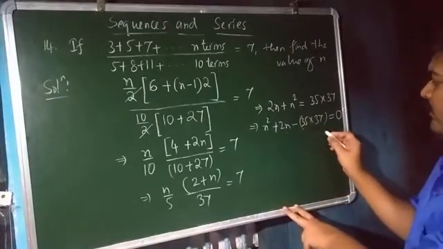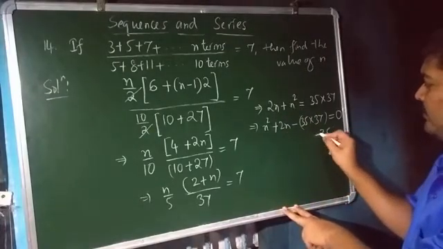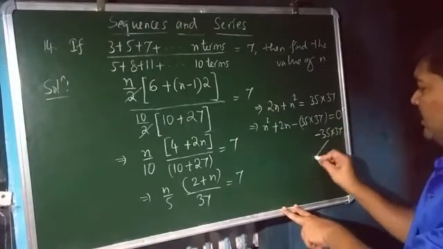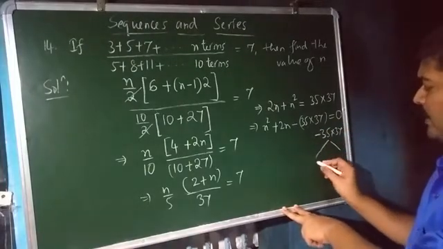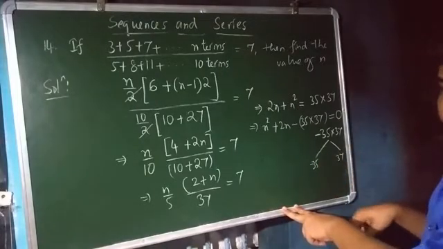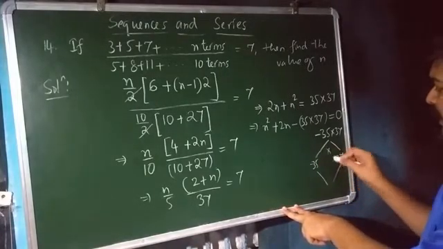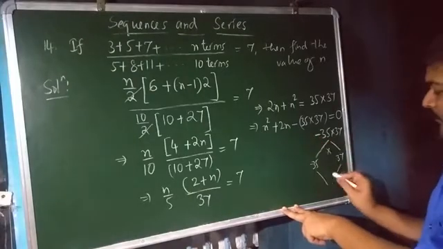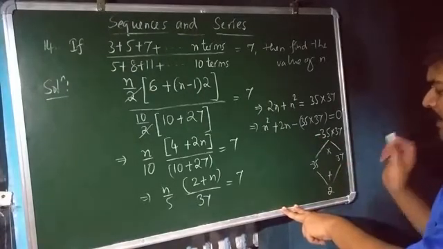Therefore, what are the factors here? Thank God, we are very close to the answer. We are left with minus 35 and plus 37, because if you multiply these two you get this product, and if you add these two you get plus 2 itself.